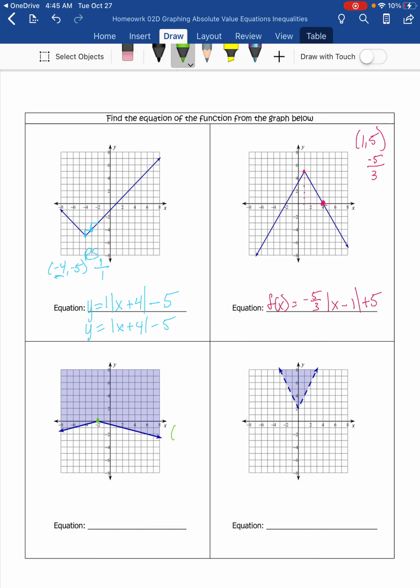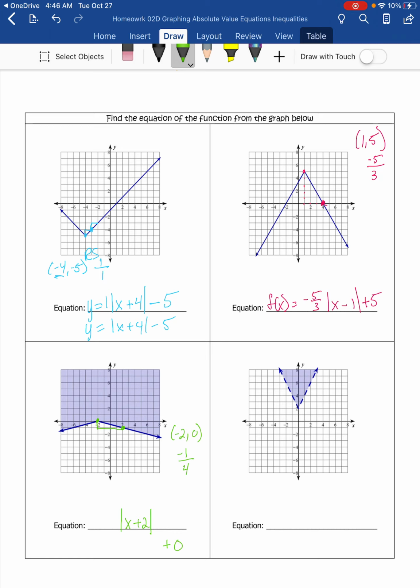Again, we do the same thing. My vertex here is -2, 0. My slope, because I have a point right there on the right hand side, well, I go down 1, right 4. So my slope is -1/4. So I know it's going to be x plus 2.